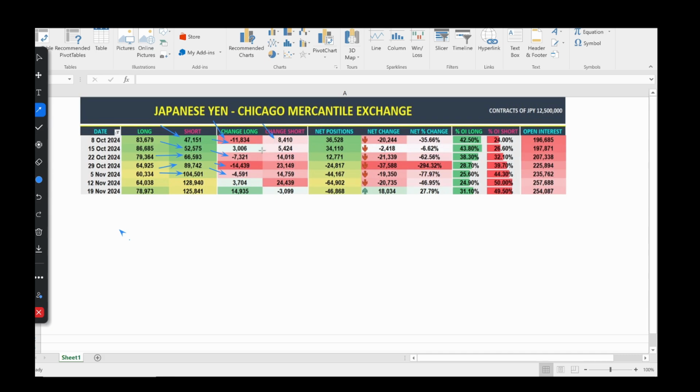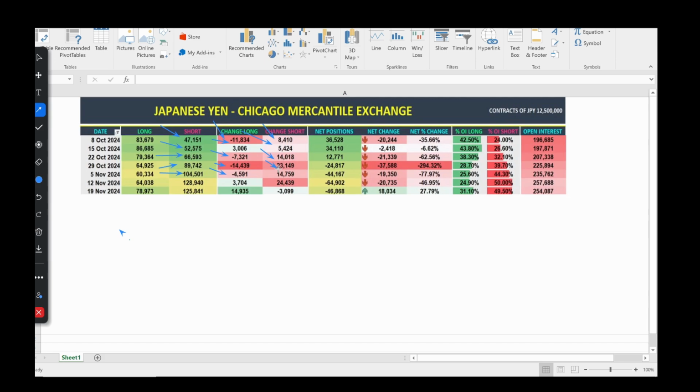8,000 added, 5,000 added, 14,000 added, 23,000 added. Now, the shorts are being added onto while the longs are being closed. The fact that this instrument is being traded against the dollar like every instrument on the exchange market, just for a simple fact that it is the Japanese yen traded against the dollar, and the fact that the US dollar is the base currency in the pair.